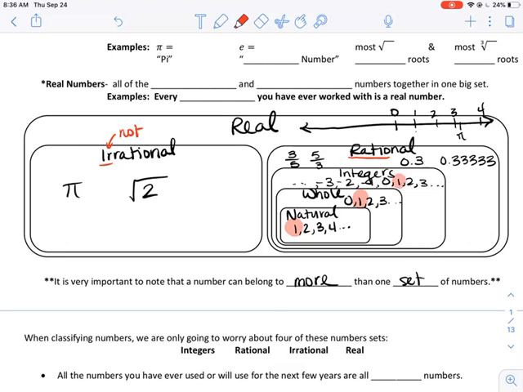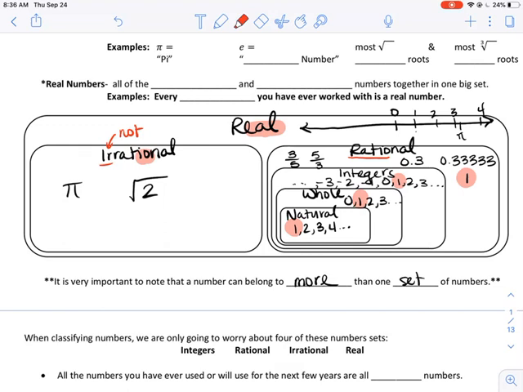It is an integer, and it can be written as a fraction, so it's also rational too. So when you look at this diagram, anything that is in the very middle also counts in all the other categories. Then, irrational numbers, really those numbers are just irrational and real. And then every single number that you know of is a real number.